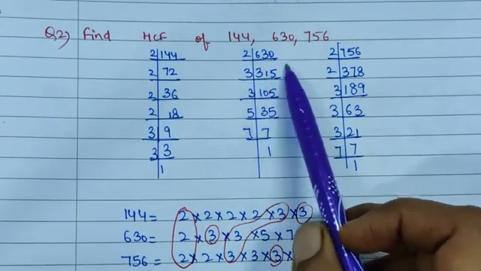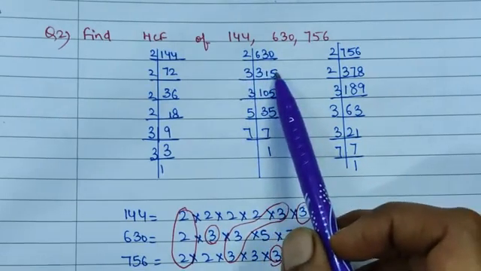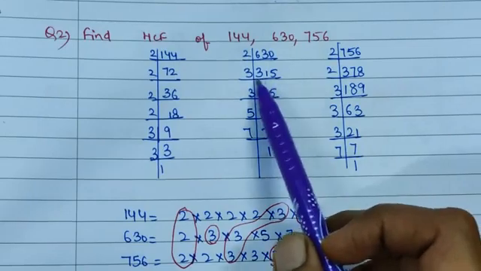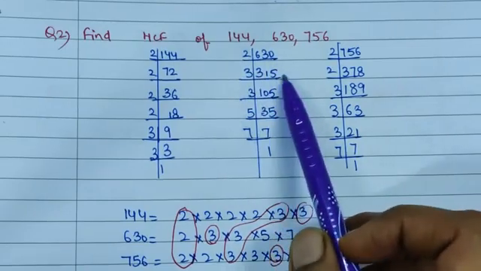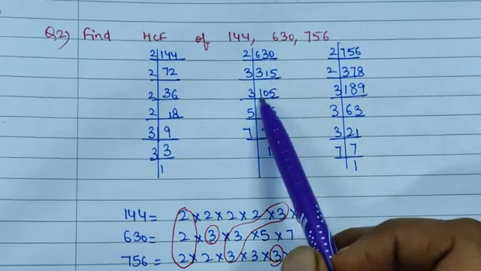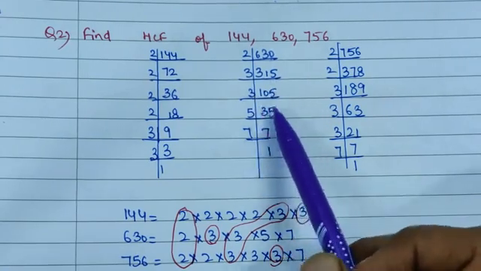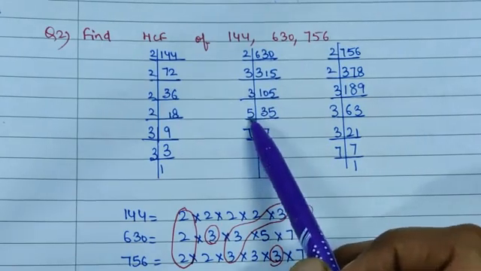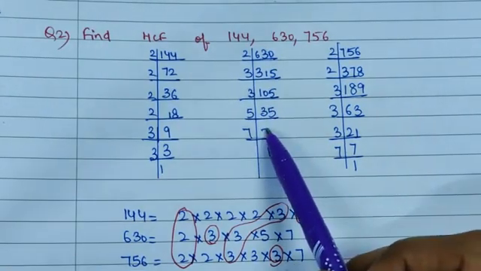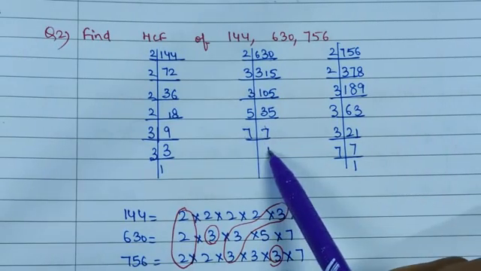Now the sum of the digits is divisible by 3, it means this number is also divisible by 3. So on dividing this number by 3, we get 105. Now this is divided by 3, we get 35. Now 5 into 7, 35. 7 is a prime number. It comes in its own table only. So 7 into 1, 7.